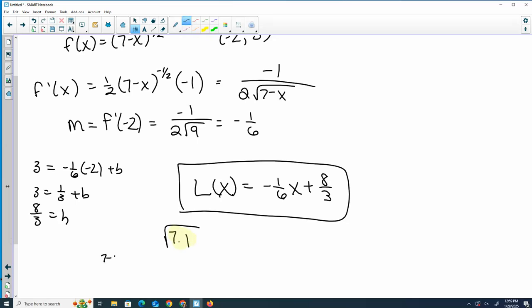So if 7 minus x is equal to 7.1, so we have to do the linear approximation of -0.1. So if you plug that in, 1/60, 2.68.